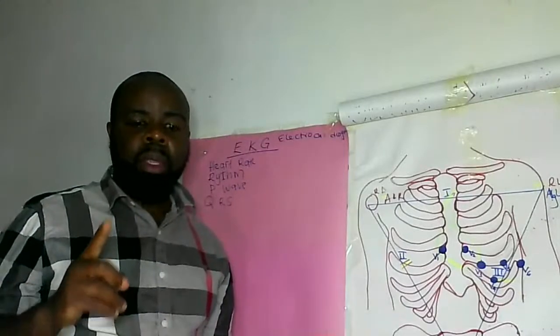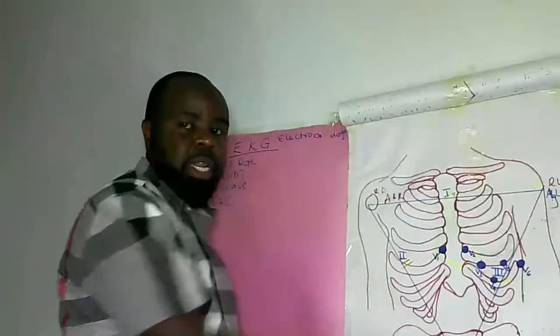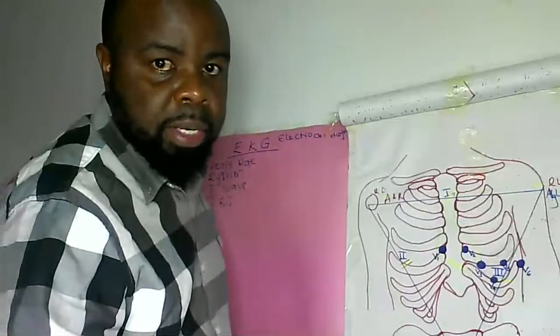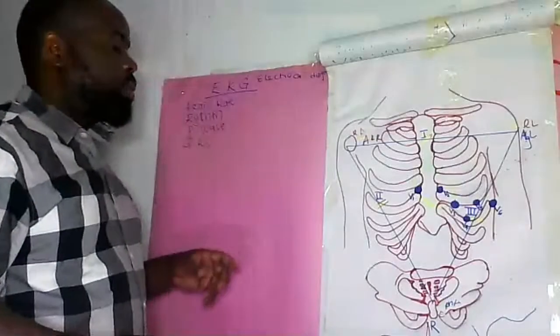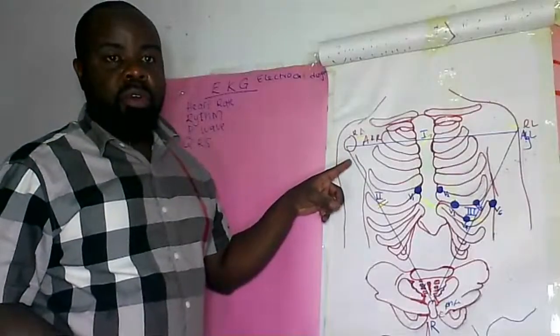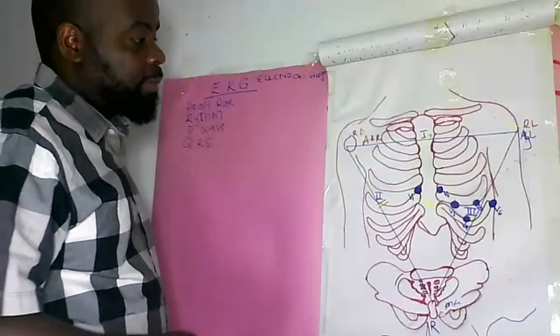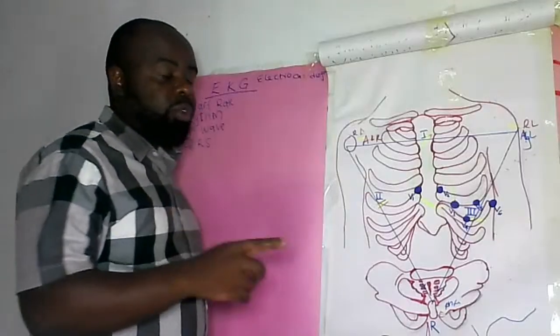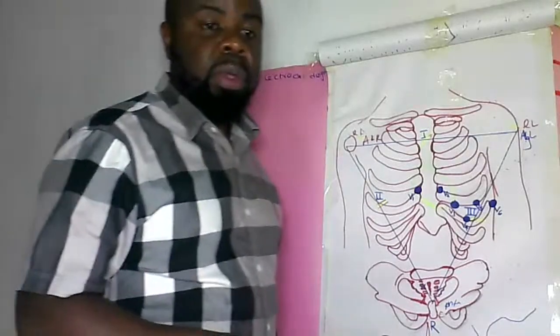Now, there is when we did the leads. These leads are placed in your chest so that you can identify the QRS complex, and the deviation of intervals of the QRS complex is because of polarization and depolarization.